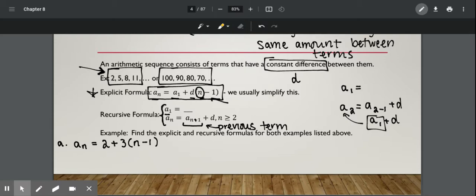So you're going to distribute the 3. So you would have A sub n equals 2 plus 3n minus 3, or A sub n equals negative 1 plus 3n. And so if you wanted to find the 100th term, you'd plug a 100 in for n, and you could get the 100th term. So that's your explicit.